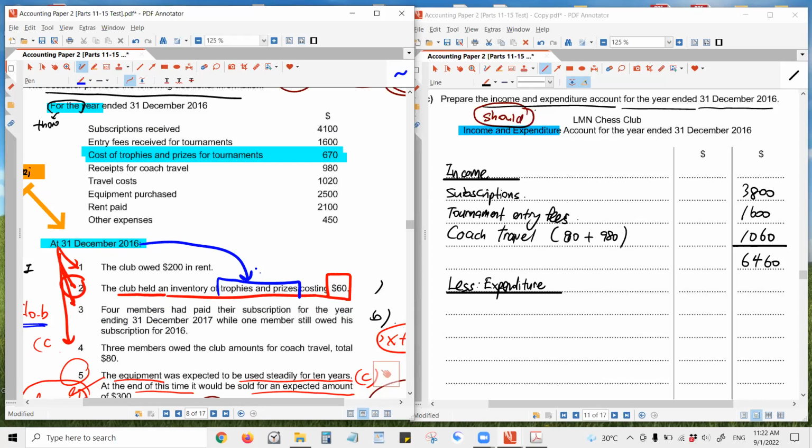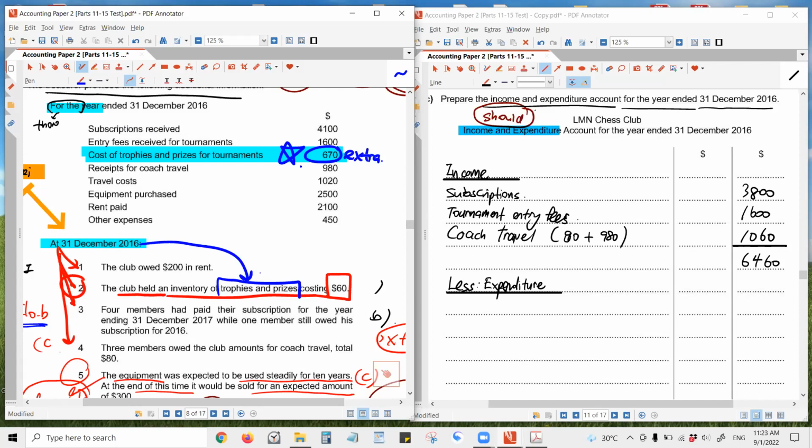Why? Probably you bought extra. When you bought the trophies and prizes in the current year, you bought extra. Okay, maybe you are planning to do a lot of competitions. Okay, in every year, you plan to do a lot of competitions. That's why you buy a bunch of trophies and prizes in one shot.